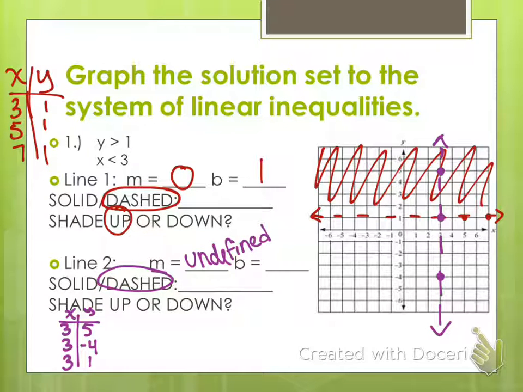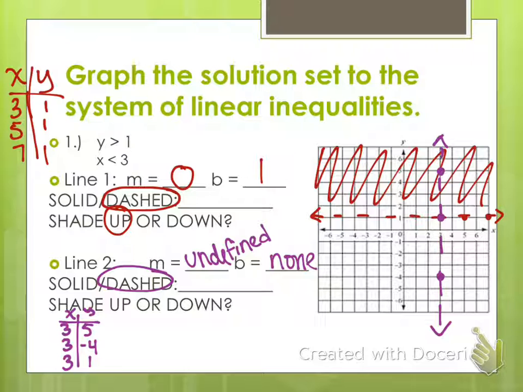Good question. All right, what about our y-intercept? There is not one. There's none. It does not cross the y-axis. Anytime you have an x line, a vertical line, you will not have a y-intercept, and your slope will be undefined.